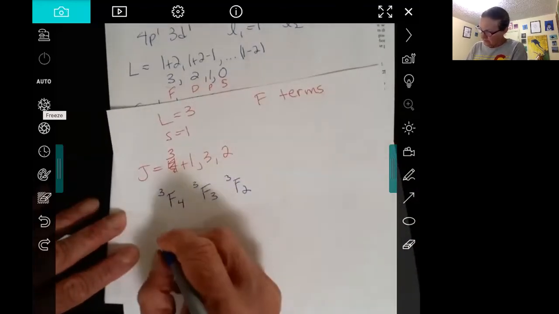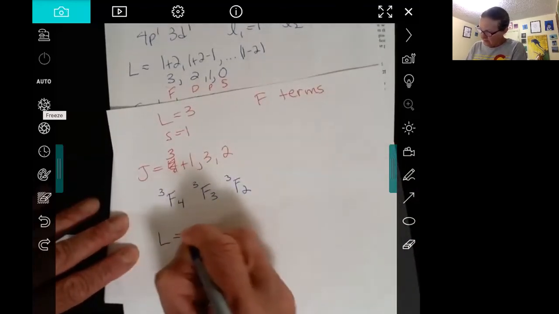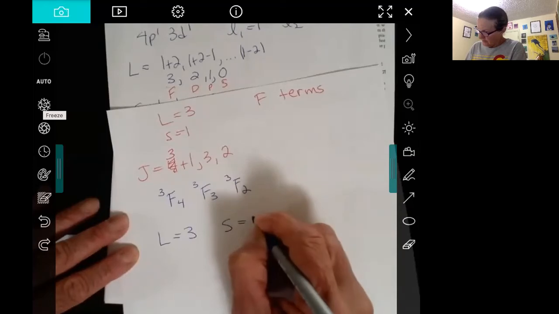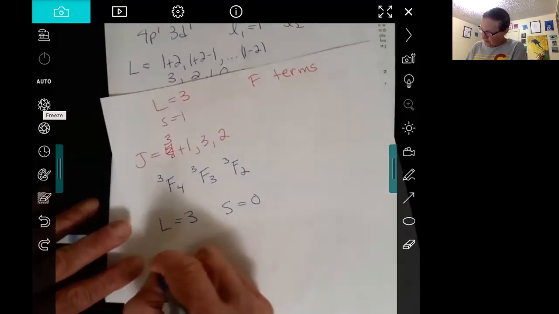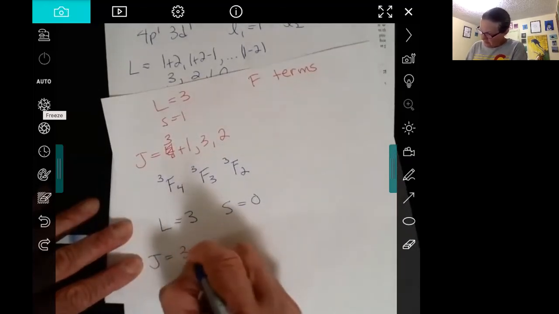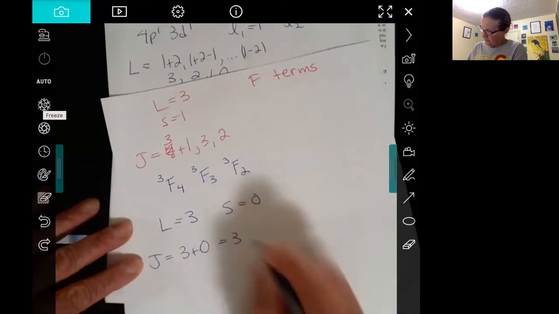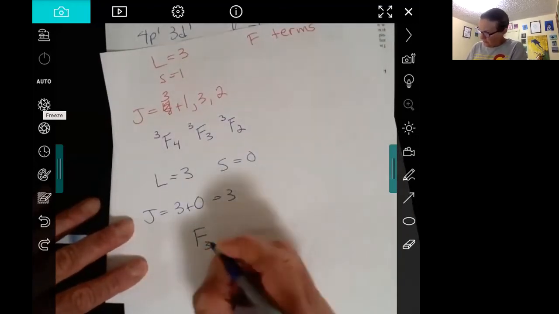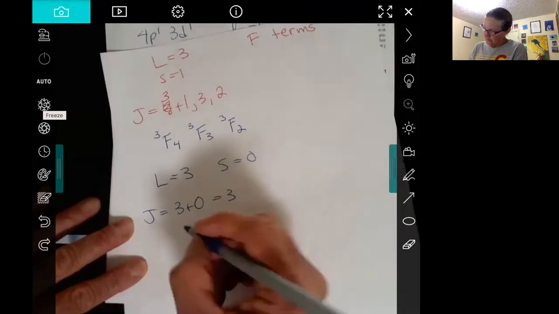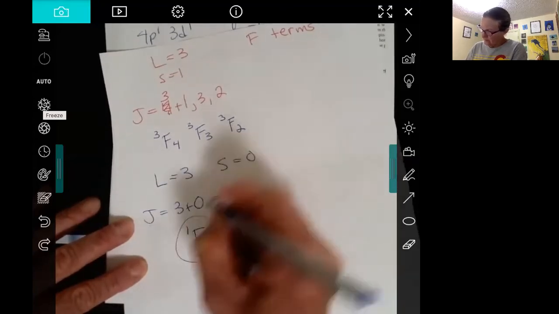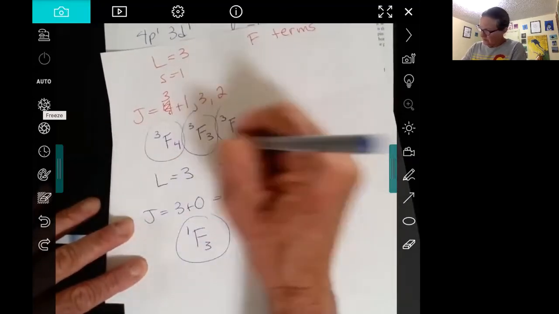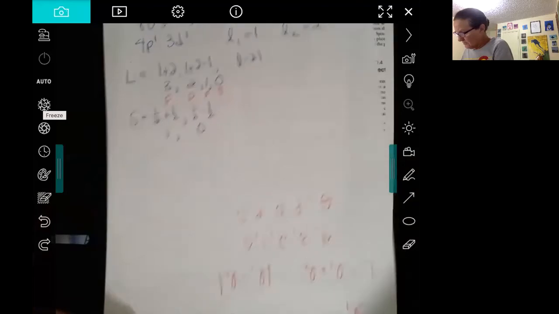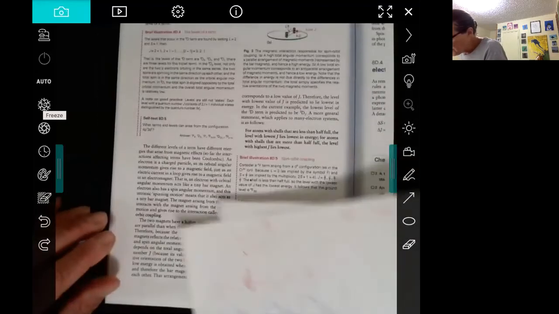My very last one is also an F term because L equals 3, but we're going to couple it to S equals 0. So the only value we have is a 3. So it's an F term with total angular momentum of 3, and it's a singlet. And let's make sure all of those match.